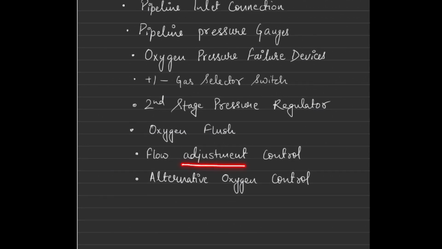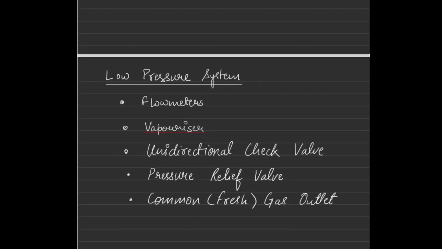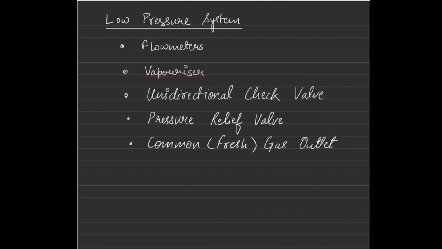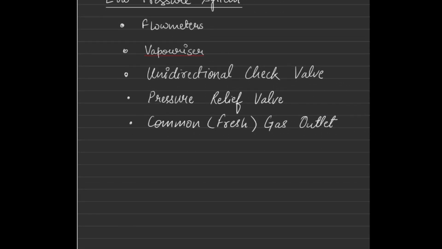Then we have the flow adjustment control and alternative oxygen control. All these components will be discussed. Then we have the low pressure system, which includes flow meters, vaporizers, a unidirectional check valve, a pressure relief valve and the common gas outlet. So in this class, we will be discussing the high pressure system and its safety features.